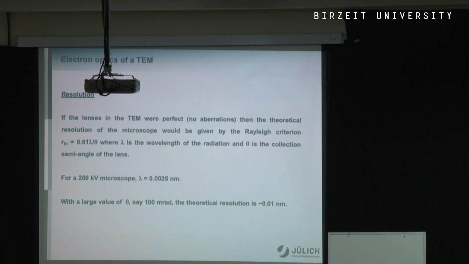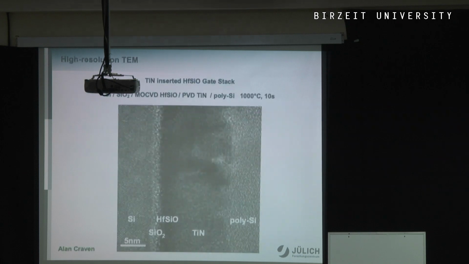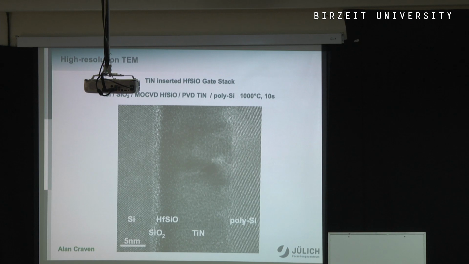There is another complication in electron microscopy, and this is related to the fact that electrons scatter extremely strongly in materials, much more strongly than X-rays or neutrons. This is one reason why electron microscope samples have to be just a few atoms or a few tens to hundreds of atoms thick.